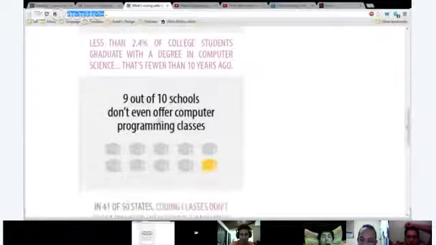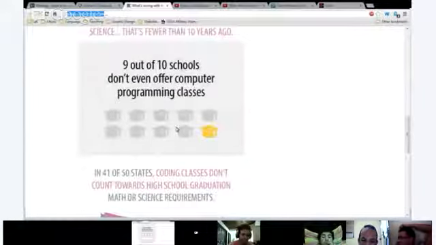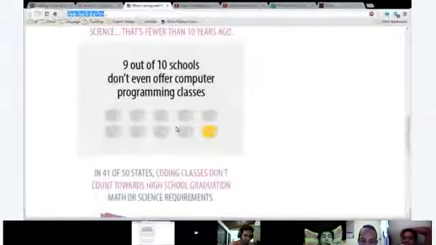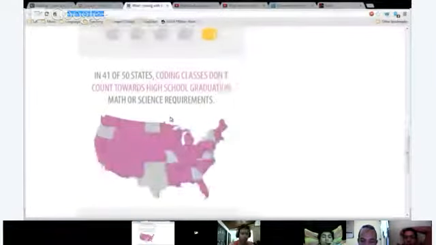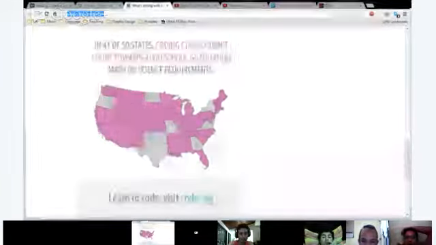But even 9 out of 10 schools in the United States don't offer computer programming classes. Now, I don't know if it's talking about high school or university, I'm not 100% sure, but either way, only 1 out of 10 offer computer programming, which is not a lot. And in 41 of 50 states, coding classes don't count towards high school graduation, math or science requirements.